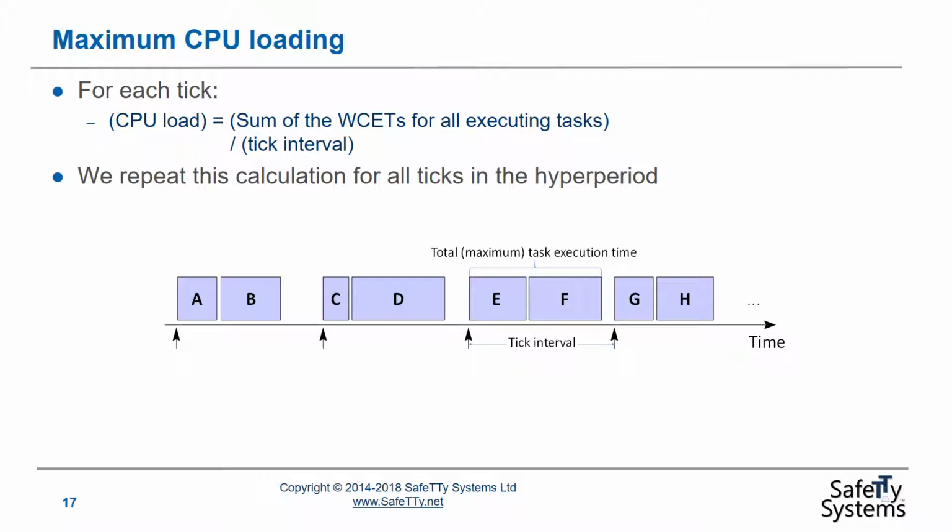It's important to appreciate that this is fundamentally different from the average CPU load calculation that's carried out in many systems. And often there's an enormous difference between the average CPU load and the maximum CPU load. And in practice, all we really care about is the maximum CPU load in the majority of safety-related systems. A TT design allows us to calculate this.